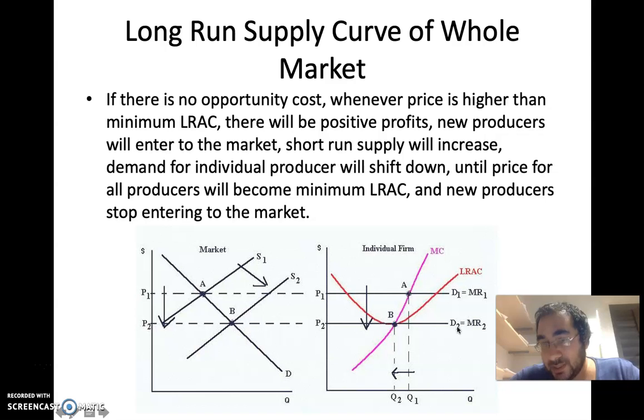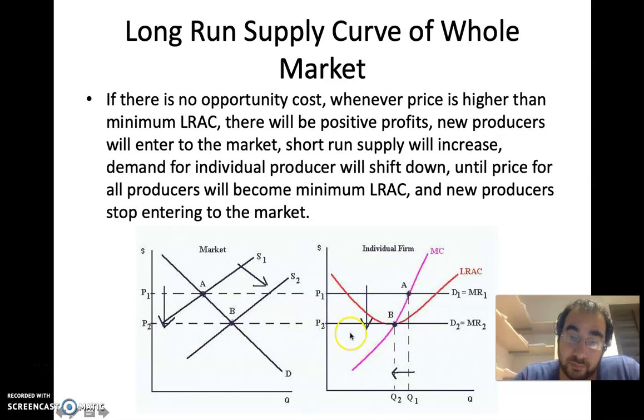If the profits are zero, these are normal profits, since the opportunity cost is also included. So in the end, we will return to the point at which the profits are zero, and the optimum production level for every company is the level at which the long-run average cost curve is at its minimum. That's the minimum possible average cost for that product.